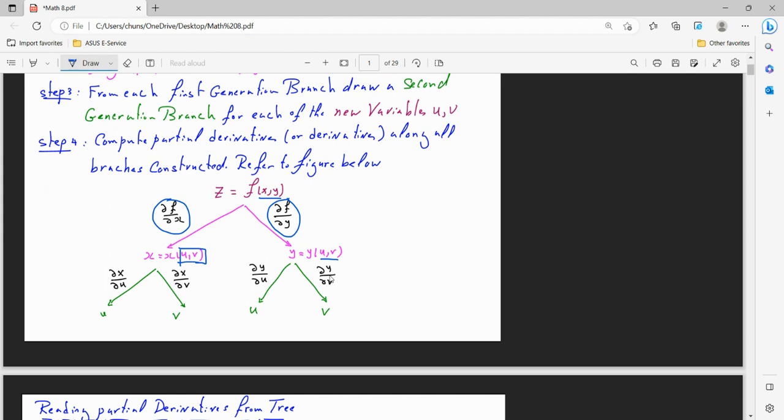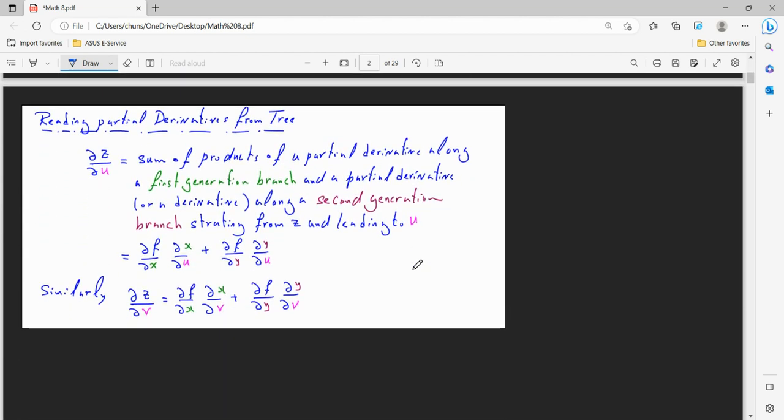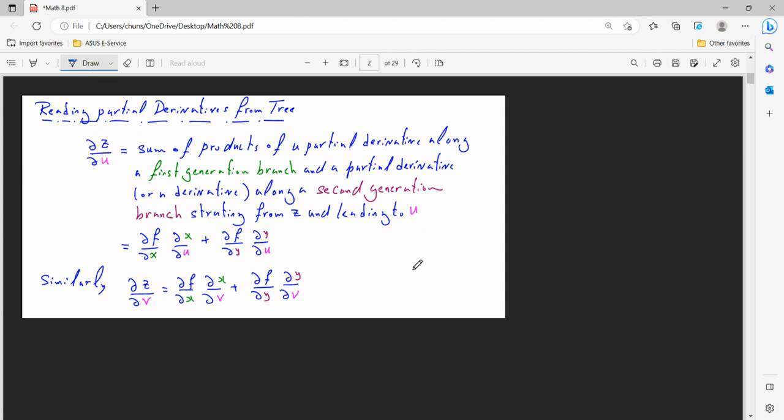It'll make a lot more sense when we see an example. So if we were to read from a chain rule tree, the sum of the products of a partial derivative along a first generation branch and a partial derivative along a second generation branch create the sum of our equation.